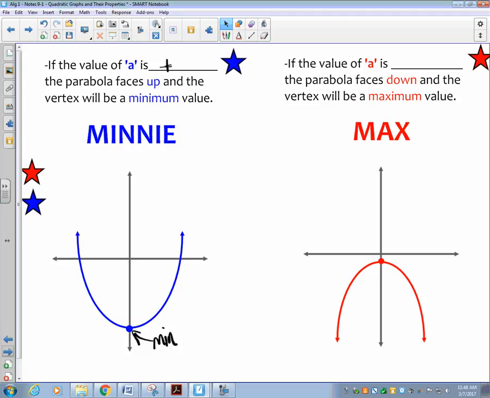If the value of A, the number in front of the x squared, is negative, put a negative sign there.